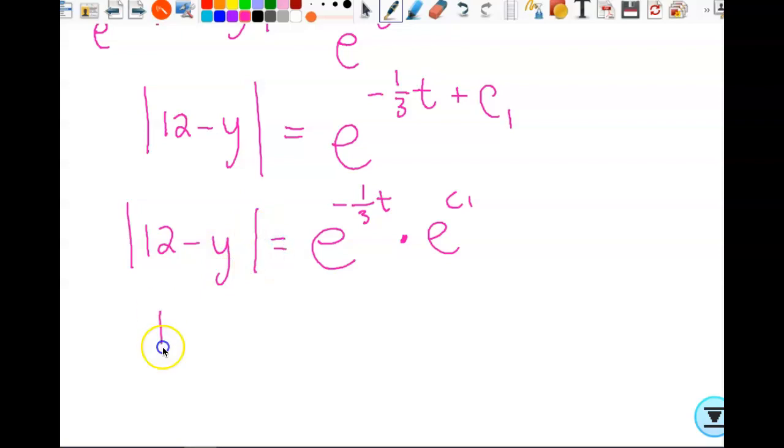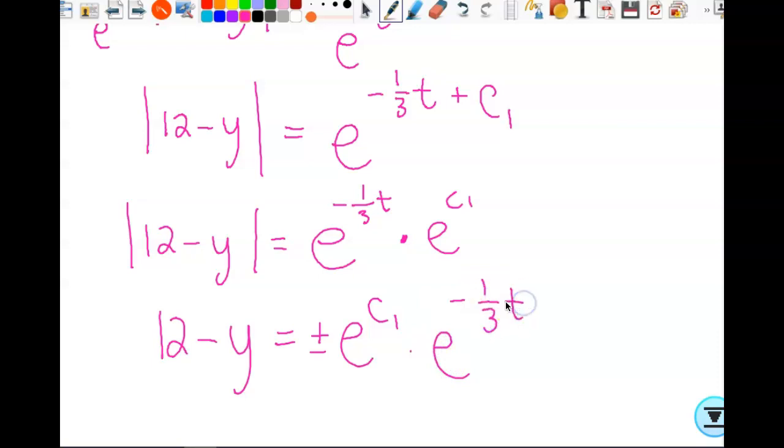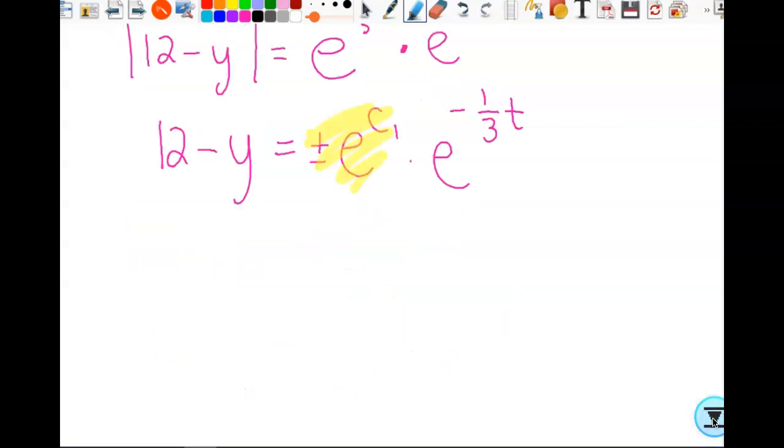Then I can drop the absolute value, 12 minus y over here, plus or minus. I'm going to use the commutative property to switch the order of those. And then remember, guys, this mess is just a constant. Replace it with c. Is that what y'all usually do? Replace it with c?